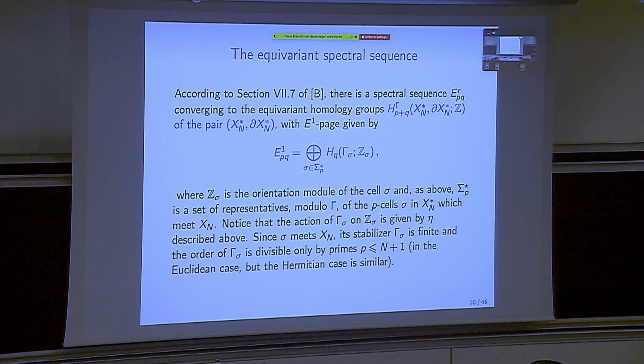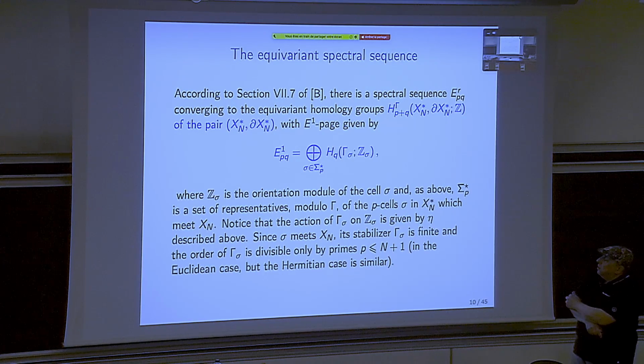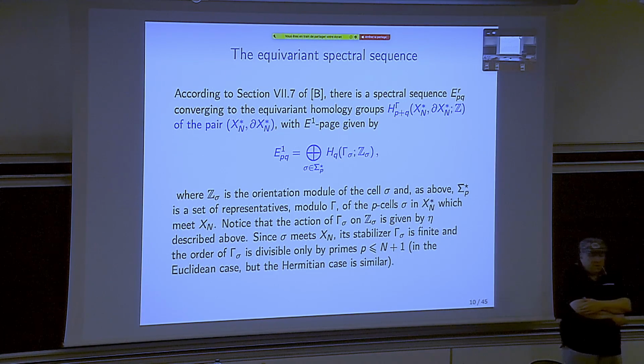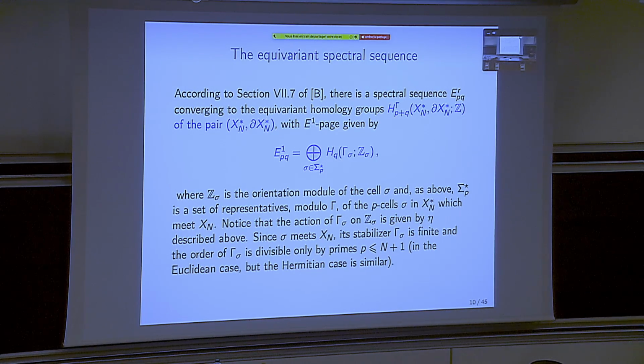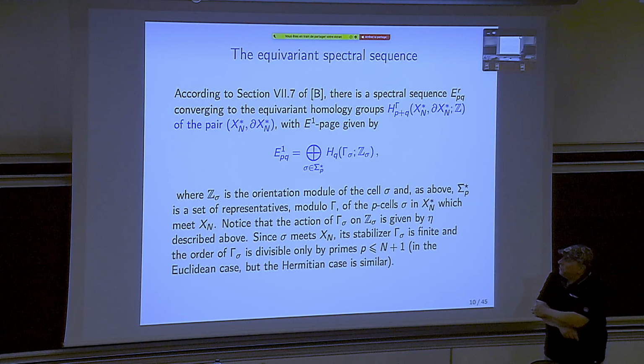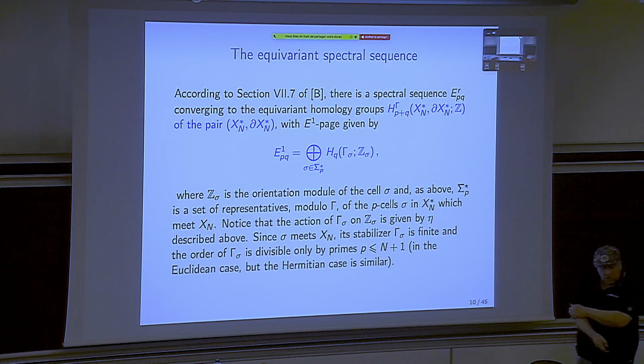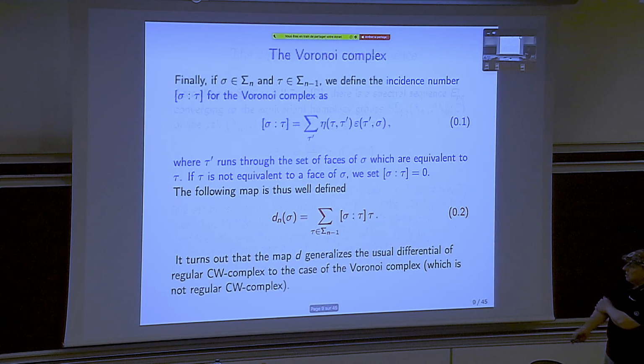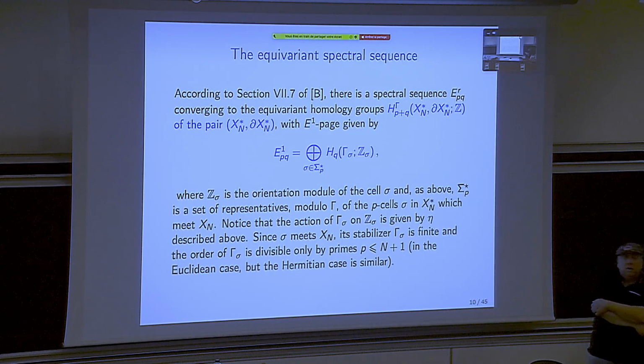And in order to show this, we will do it in maybe an astonishing way, because what we will show is that this map is nothing else than the first differential of the equivariant spectral sequence. And it's way easier to do it like this.